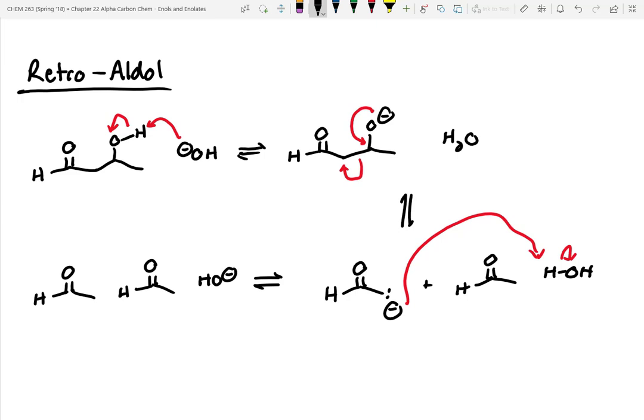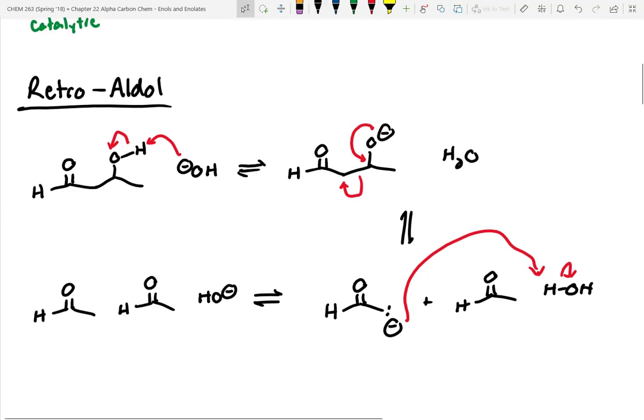Typically, the forward reaction, the regular aldol, is favored. However, you can do this retroaldol reaction. It's an equilibrium condition, so usually it's about like a 70-30 mixture of the aldol product versus your original starting material. Does that make sense?